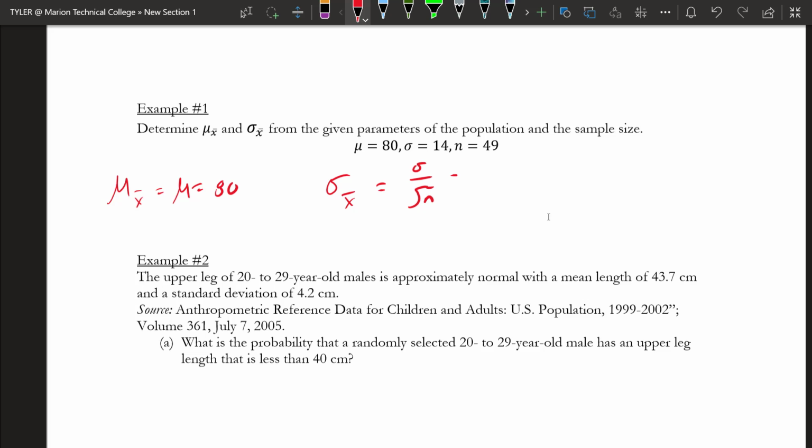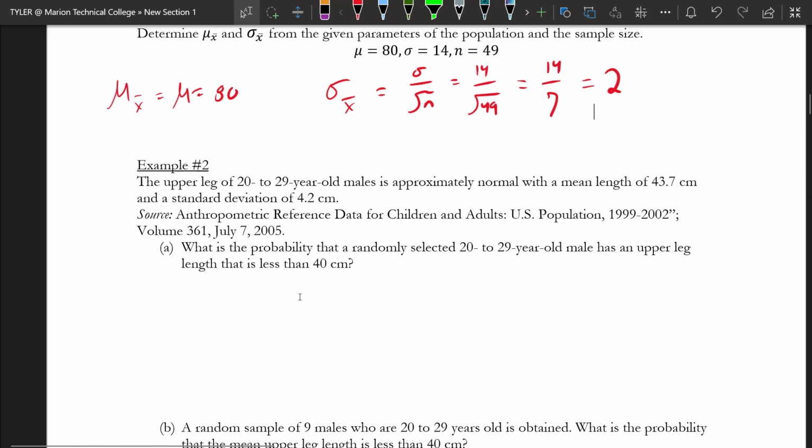Plugging these values in, I would have 14 over the square root of 49, and the square root of 49 is 7, and 14 divided by 7 is 2. So just practicing using those equations. When you have the subscript x bar, that's referring to the mean and standard deviation of the distribution of x bar.